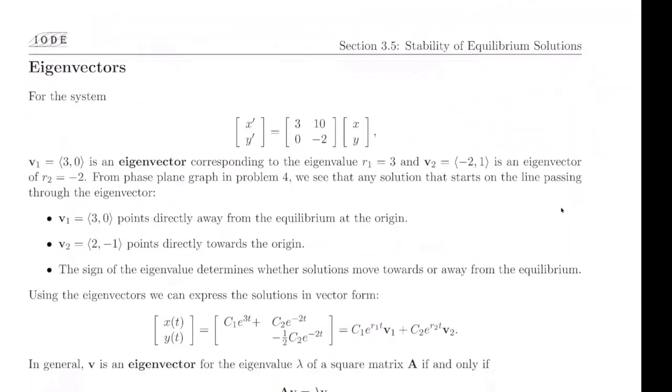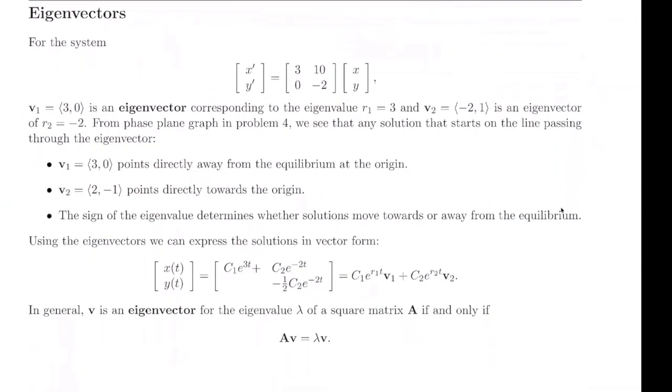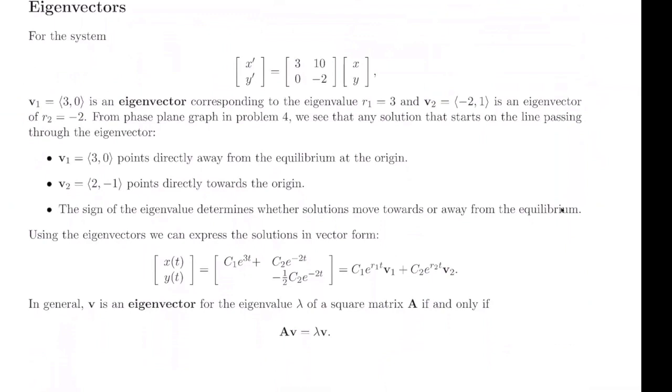Okay, so here's what we mean by an eigenvector. The first thing to mention here, and we did this on the previous worksheet, is that if you go through this system and find the eigenvalues, you're going to get two eigenvalues, 3 and -2. Then what we want to do is find these special directions.